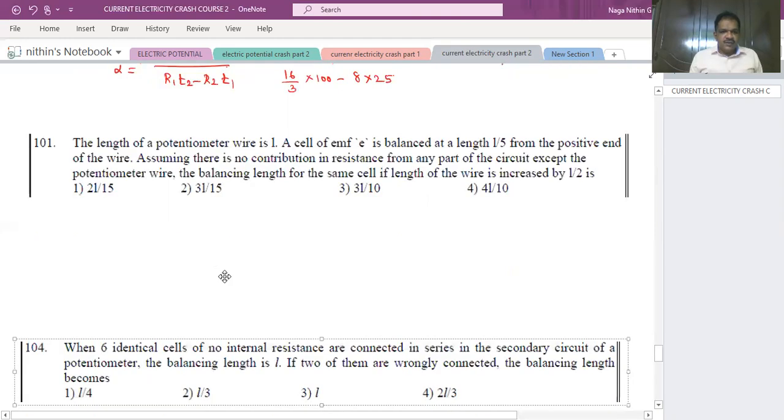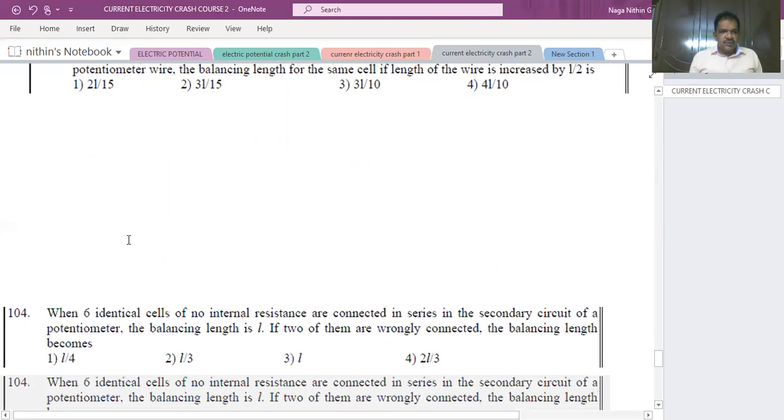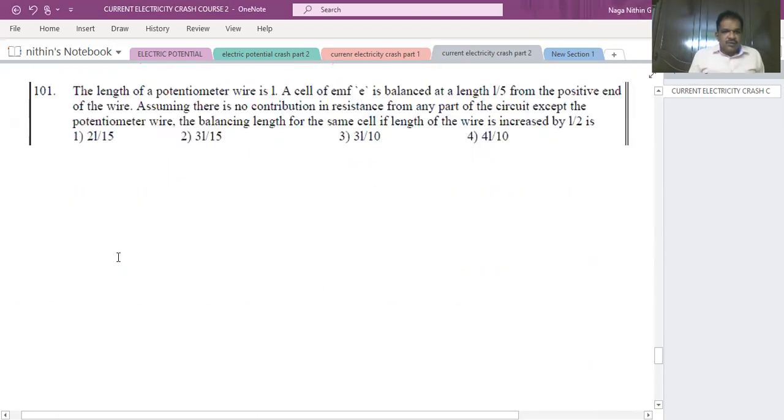What are this saying? Potentiometer length and balancing length both will be proportionate. Capital L1 by L2 is equal to small l1 by l2. They gave this is small l. Later they made it as 1.5 L. This is L by 5.